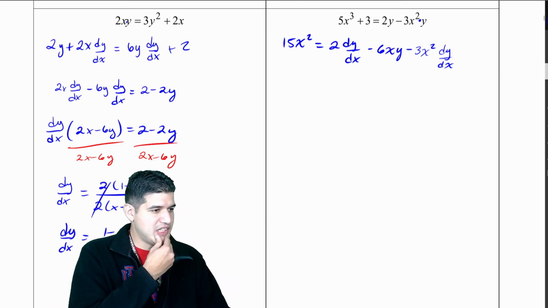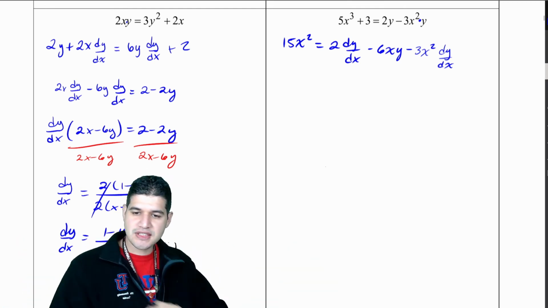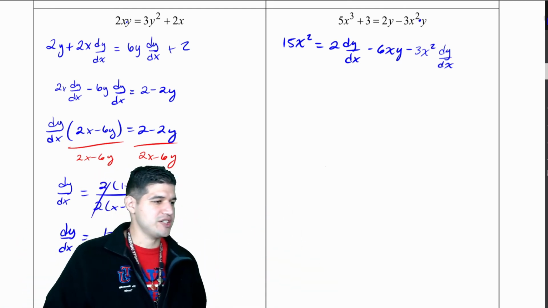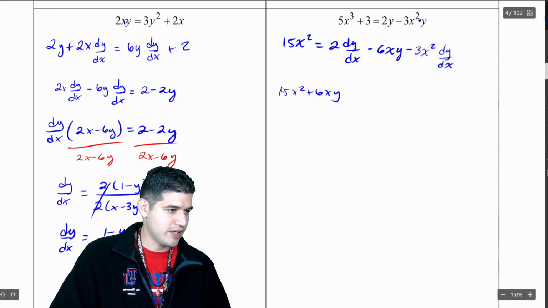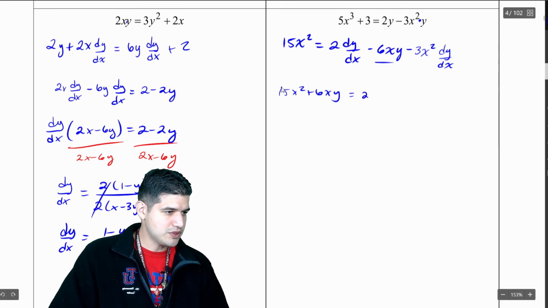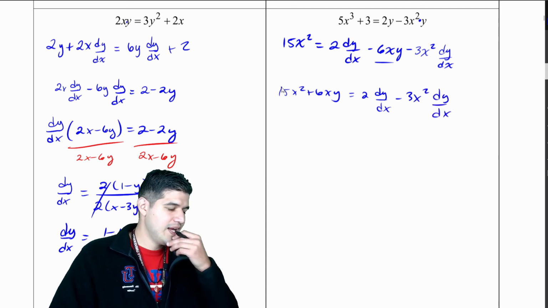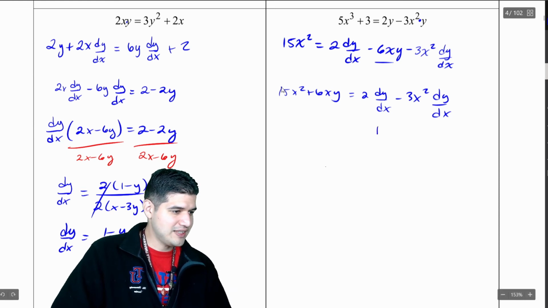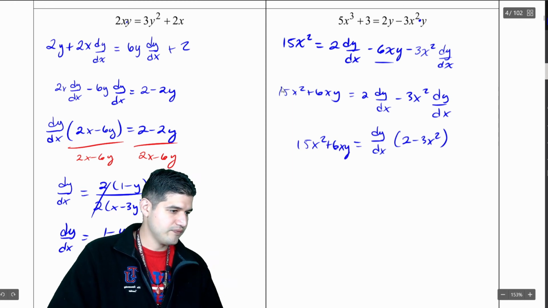All right, so what are we gonna do here next? I have the dy/dx's on the right side, so I'm just gonna do it backwards and leave dy/dx on the right side of the equation. So I've got 15x squared plus 6xy, because I bring this part over, equals 2 dy/dx minus 3x squared dy/dx. What I can do with that is factor out that dy/dx. 2 minus 3x squared equals 15x squared plus 6xy.